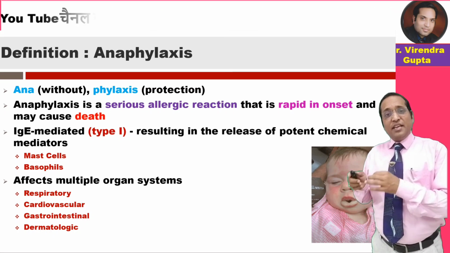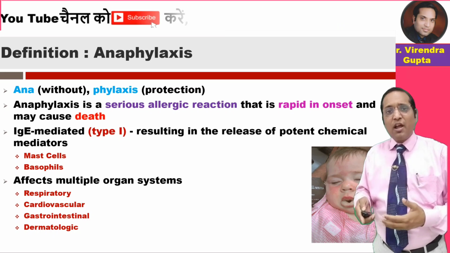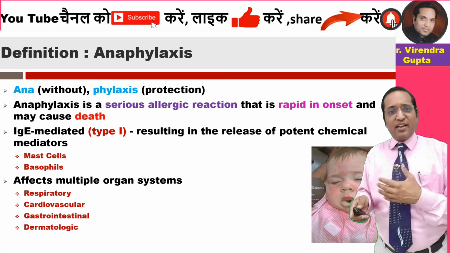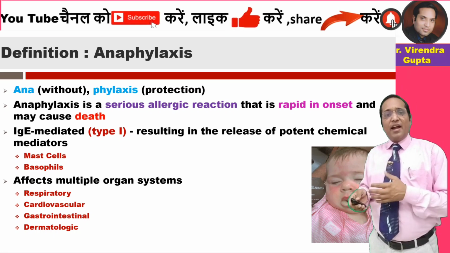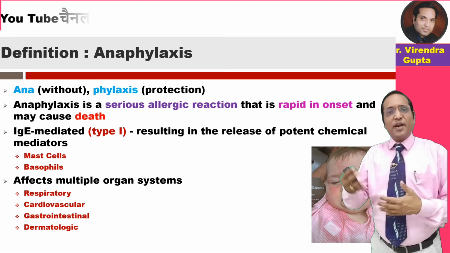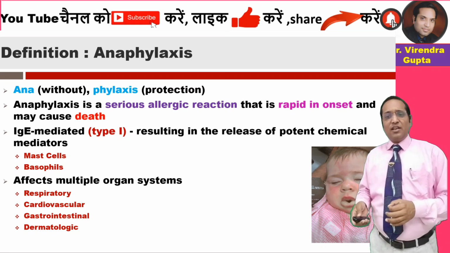These are IgE mediated type 1 hypersensitivity reactions which result in the release of potent chemical mediators from mast cells or basophils, and these affect multiple organ systems such as the respiratory system, cardiovascular system, digestive system or dermatological system.